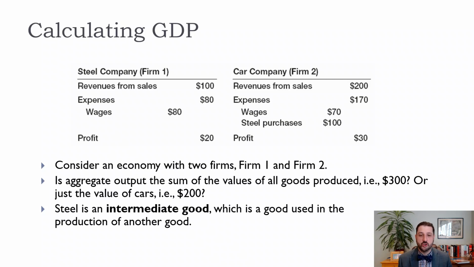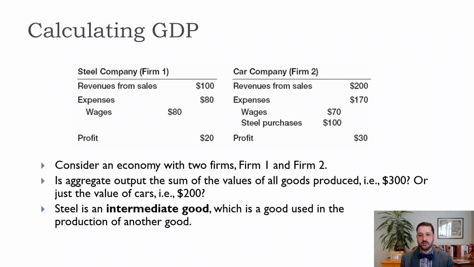So what is GDP? Well, should we just add up the revenue? If we add up the revenue, then we're really counting the value of the steel twice, because we're counting it when the steel company sells it to the car company, and then again when the car company sells it to the final consumer. And so we don't want to do that.